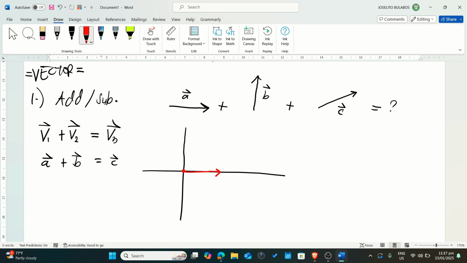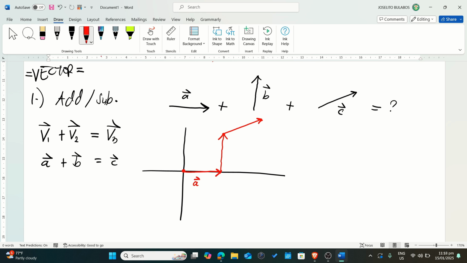Now connect the head of the first vector to the tail of the second vector. This will be our second vector. And repeat the process. Connect the head of the second vector to the tail of the third vector. This is our third vector.